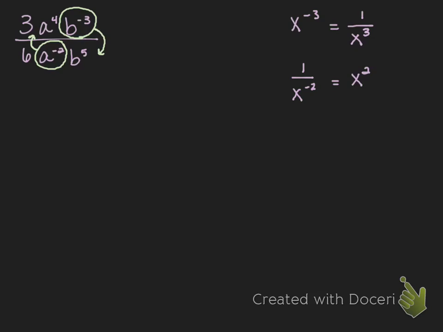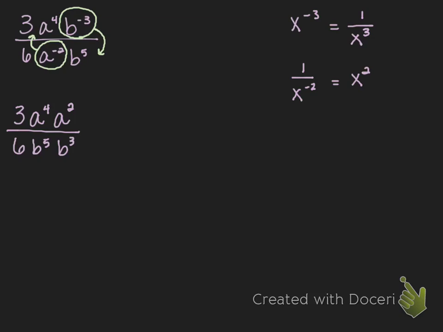So we can rewrite this as 3 times a to the fourth power times a to the positive second power divided by 6 times b to the fifth power times b to the third power.